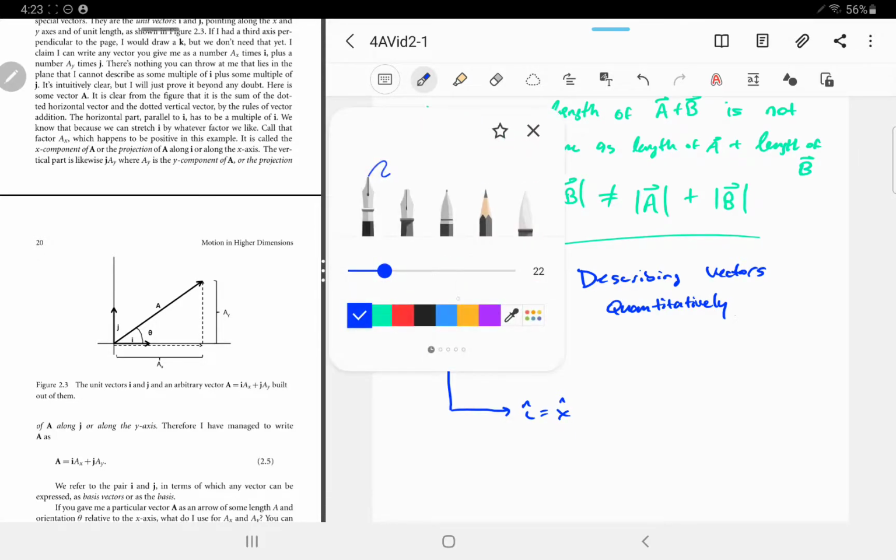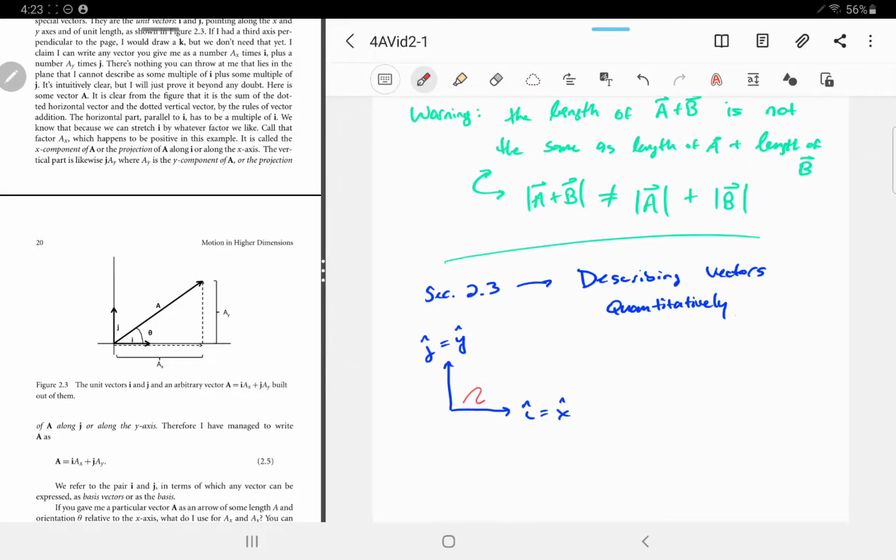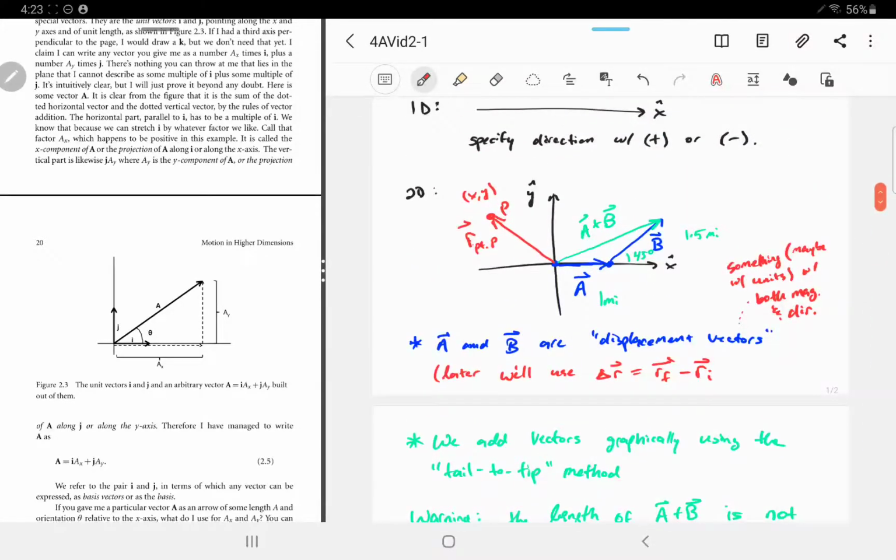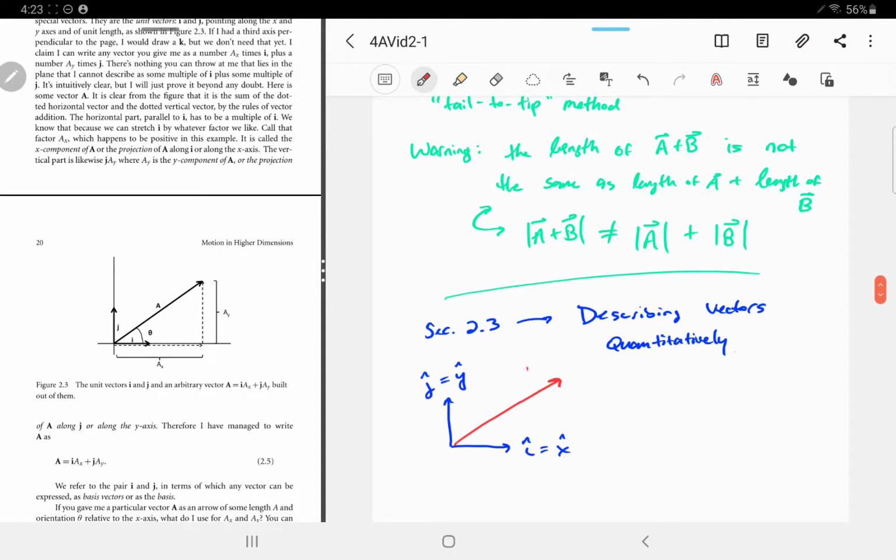So if I draw a vector on top of here, I've already used A and B, so I'll call this C. So C is my whole vector. I can think of this as two separate vector components. I want to be a little bit careful here, but I can think of my vector as a sum of a vector along this horizontal direction.